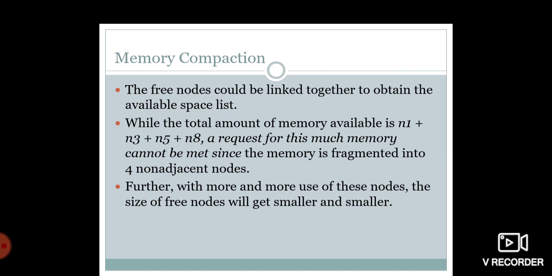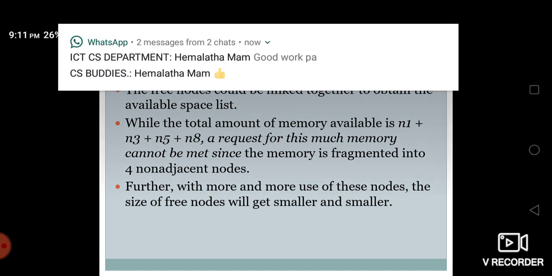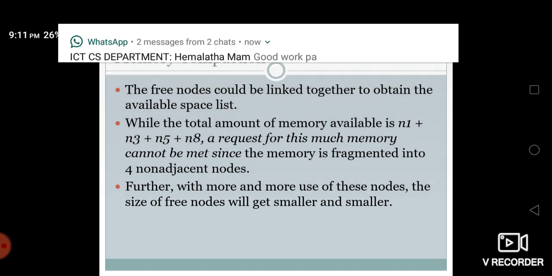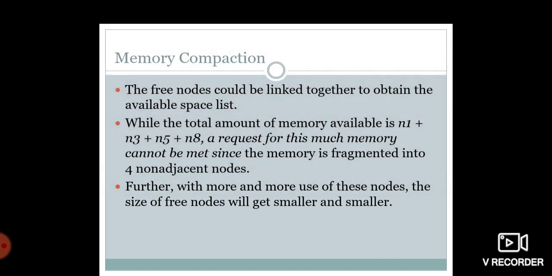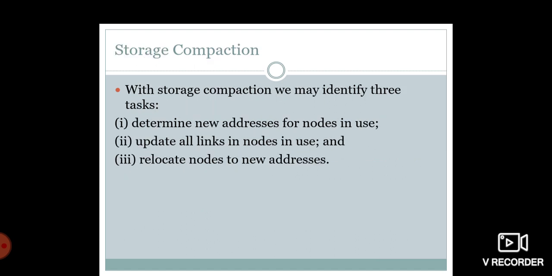So you have n1, n2, n3, n8, and when you request memory here, the memory which is available is fragmented. Further, with more and more use of these nodes, the size of the free nodes will get smaller and smaller, so you keep all your used nodes and the free nodes together.